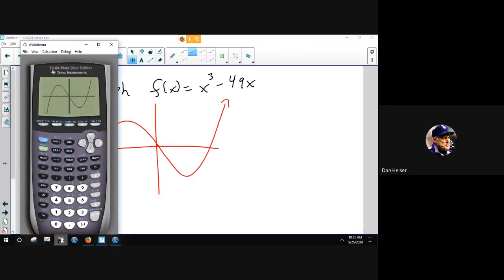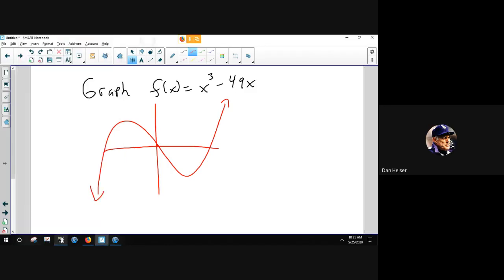There's a sketch. And I have to understand that my y-axis is going to be fairly large, my x-axis fairly small, negative 10 to positive 10, and the y-axis negative 200 to positive 200.